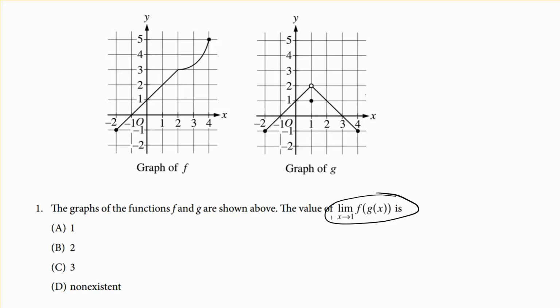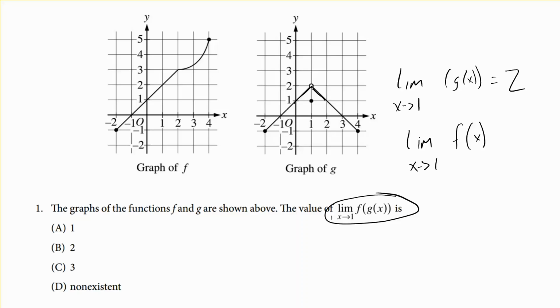So let's ignore it. So the limit as x goes to 1 of g of x clearly is, from the left and from the right, 2. So that is 2. You would answer that with 2. So then we just look at the limit as x goes to 1 of f of x at 2.